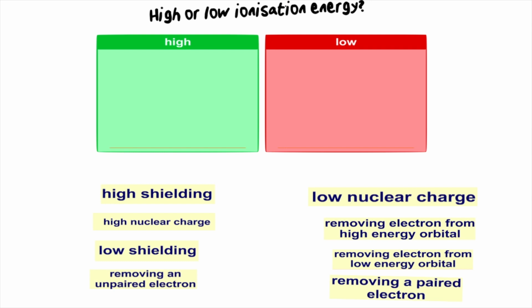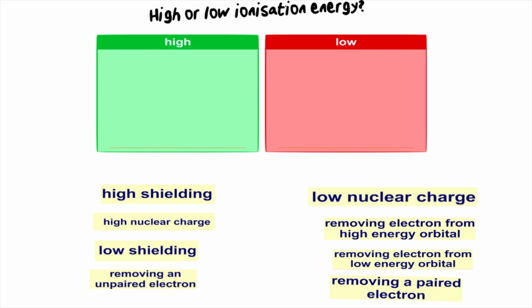We're going to try a small summary of factors that influence ionization energy. We're going to figure out whether each factor would increase or decrease ionization energy. So pause the screen and try to think, how will these factors shown here in yellow affect ionization energy?